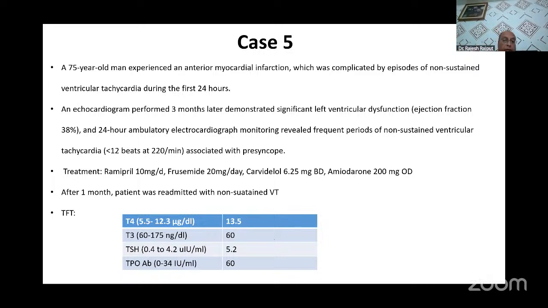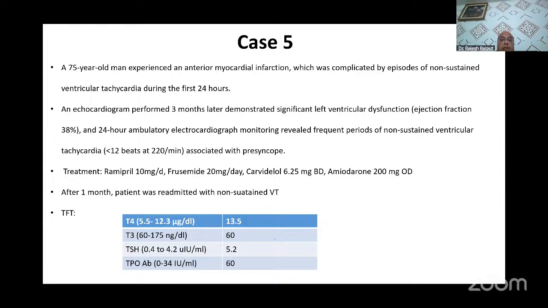After 1 month, the patient was again admitted with non-sustained VT. Now, a thyroid function test was done, which shows T4 elevated at 13.5, T3 which is 60, TSH which is 5.2. A call has been sent to us. Now the case is in front of you. What is your interpretation?